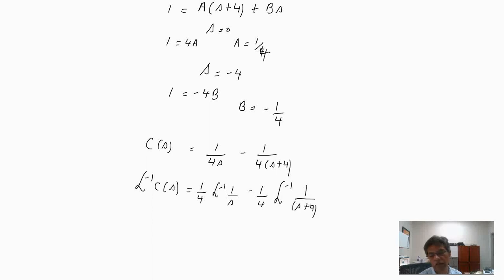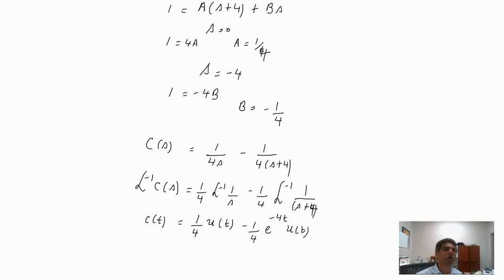And guess what we use? We use the table to do this, right? So C of t will be equal to 1 over 4 u of t minus 1 over 4 e to the power of negative 4t u of t.